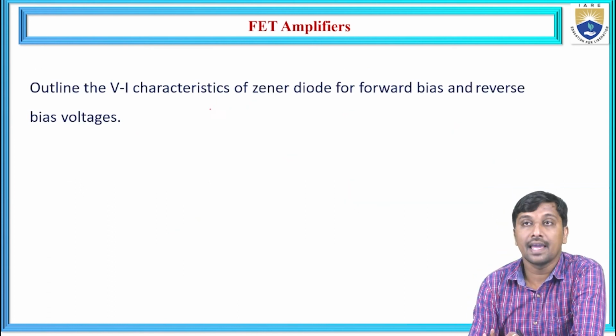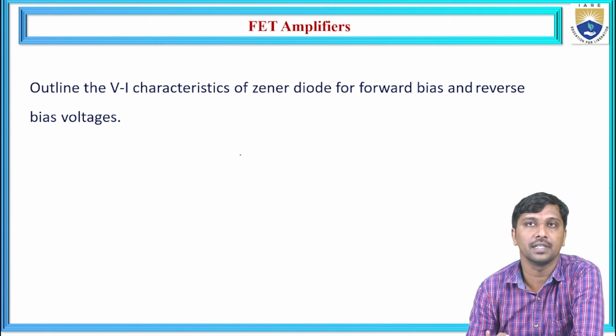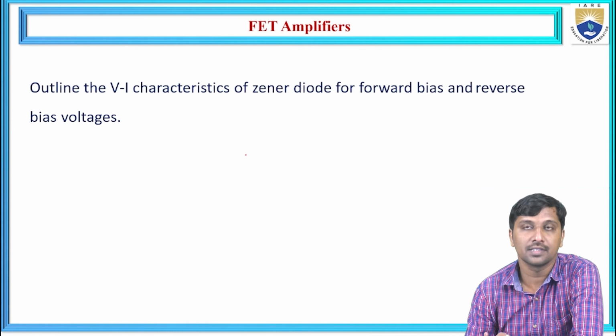Now, outline the VI characteristics of a Zener diode for forward bias and reverse bias voltages. For this question, first you draw the circuits for the Zener diode under forward bias and reverse bias. Then draw the characteristics under forward bias and reverse bias.